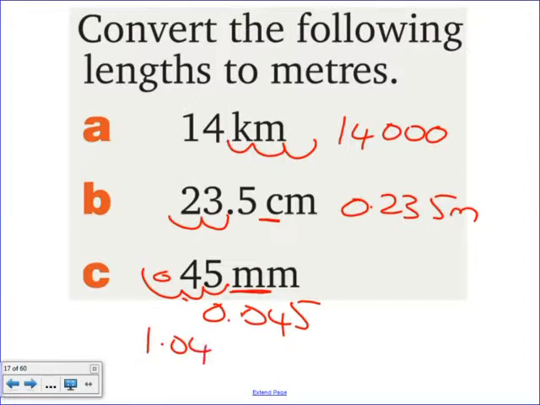Like if you had the 1.4 now, that's 1 metre 4 centimetres, wouldn't it? Yeah, because there's 100 centimetres in a metre.